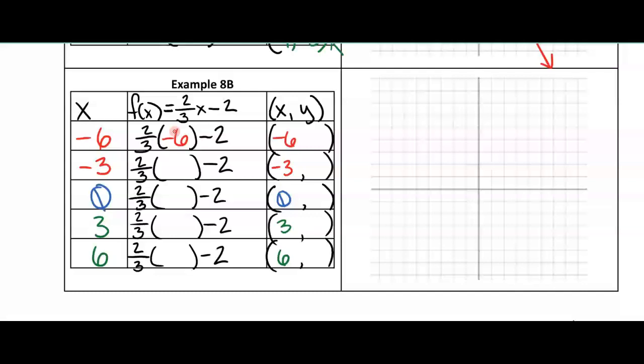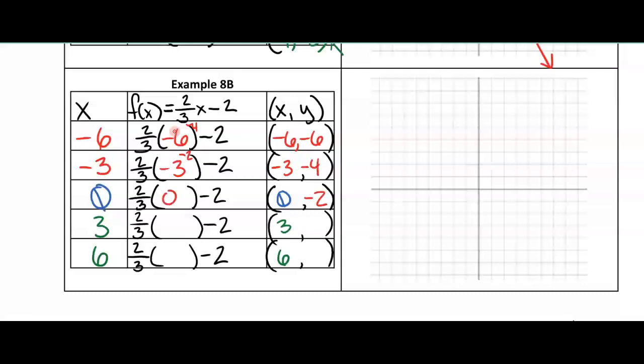Yeah. -6 times 2/3 is -4, minus 2 is -6. Okay. -3 times 2/3 is -2. Minus 2 is -4. 0 times 2/3 is 0. Minus 2 is -2.